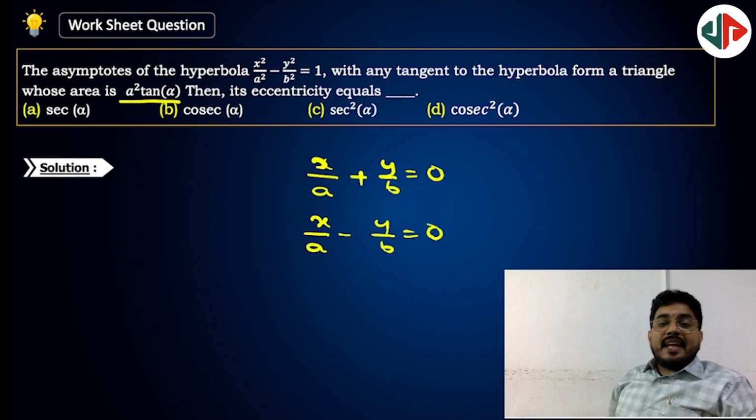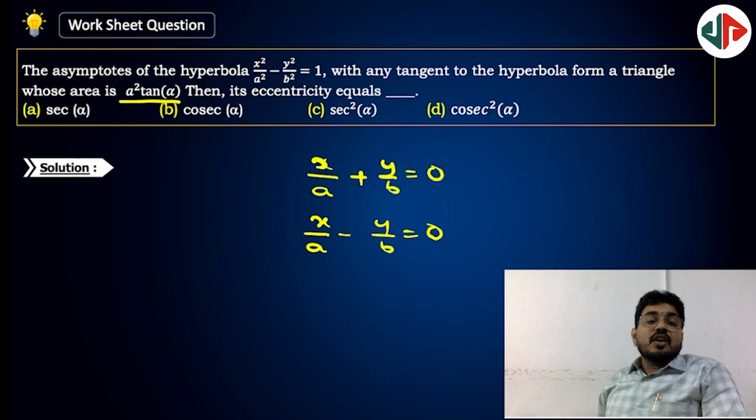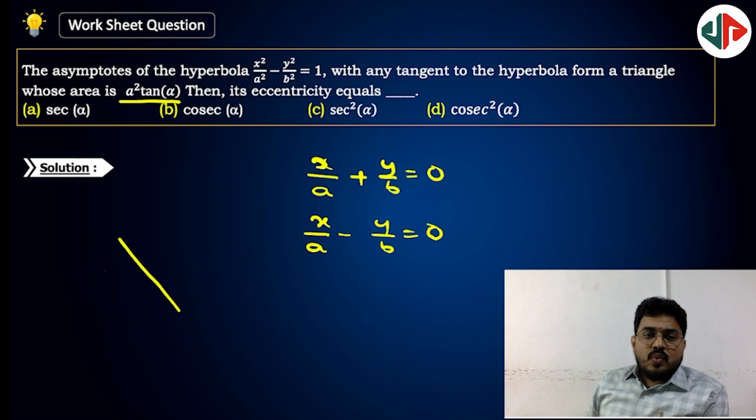The asymptotes with any tangent to the hyperbola form a triangle whose area is equal to a square tan alpha.